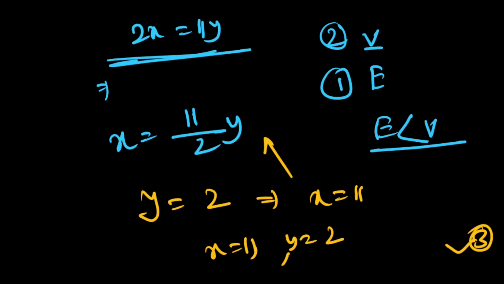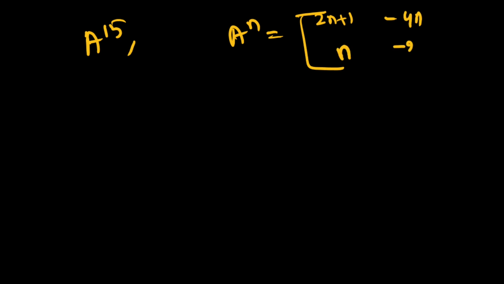So overall, in the question we want to find a power 15. For this we find a pattern of a power n, and we get a power n is equal to 2n plus 1, minus 4n, that is n, and minus 2n plus 1.